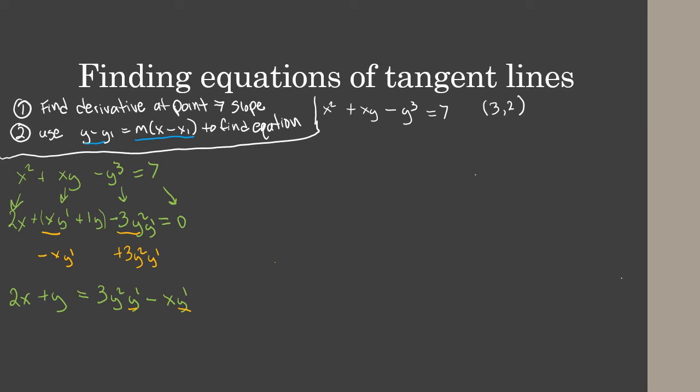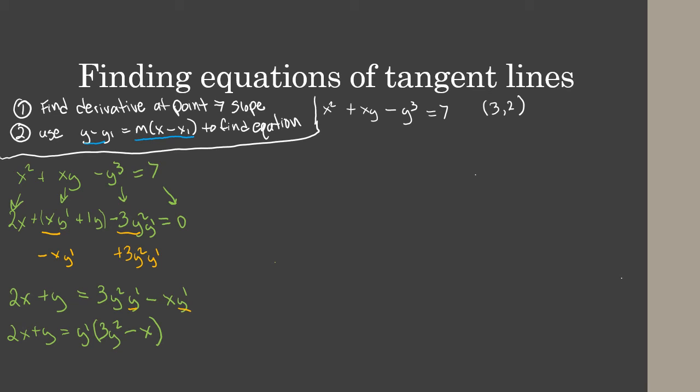So let's do that. We have 2x plus y on the left. Factoring out a y prime, we have y prime times the quantity 3y squared minus x.